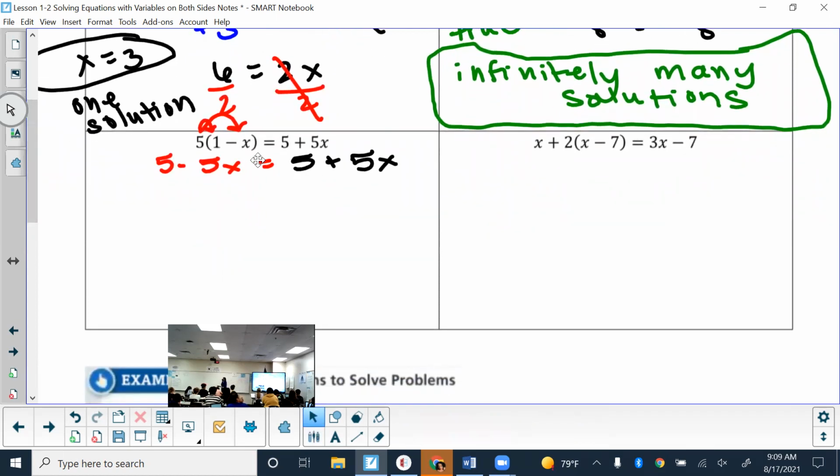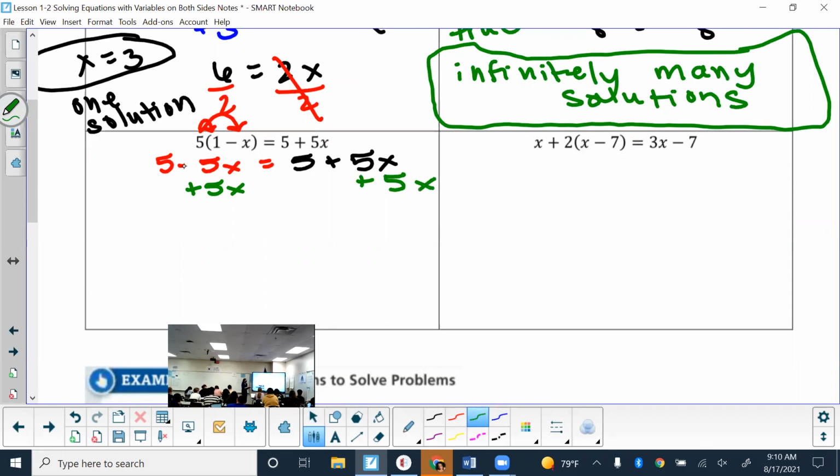Do I have any like terms I need to combine on either side? No, so then we're on to step 3, which is move the variable. Which one do you want to move, the negative one or the positive one? How can I move this one? So we're going to add 5x to each side.